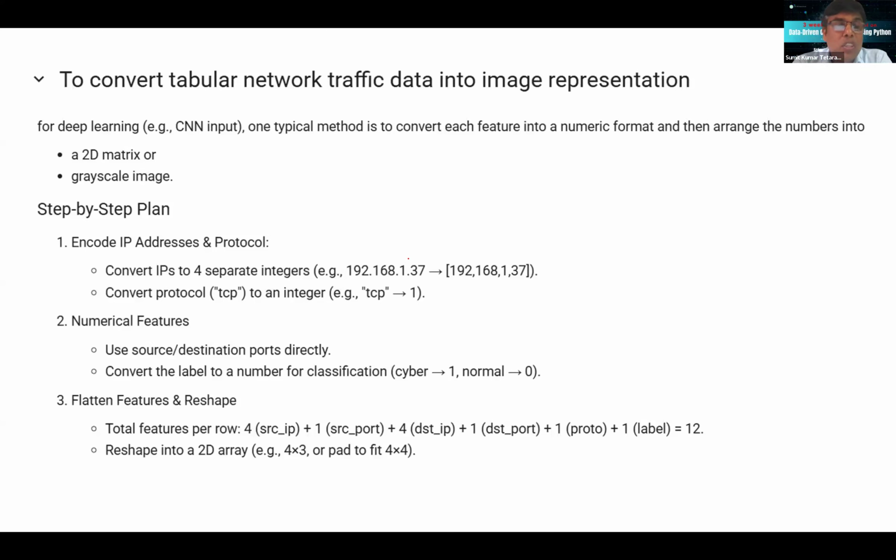Then how can we convert? First, why are we converting? Because we can use deep learning, like CNN, which uses image-like representation. Then how can we do this? First of all, you know that if you have any image, suppose your face photo, this image has pixels, divided into pixel format.